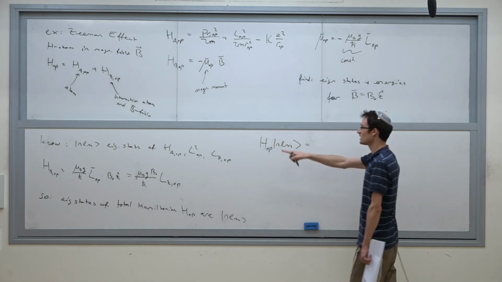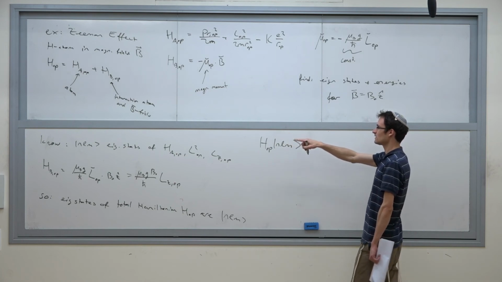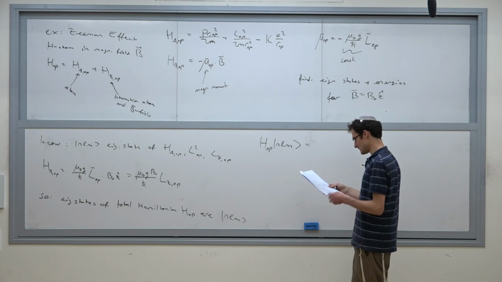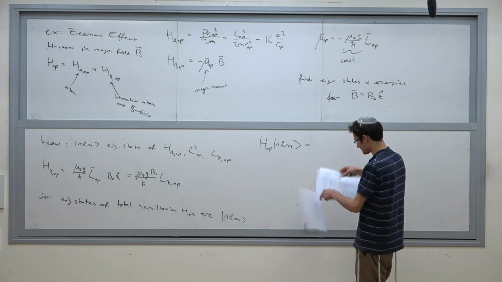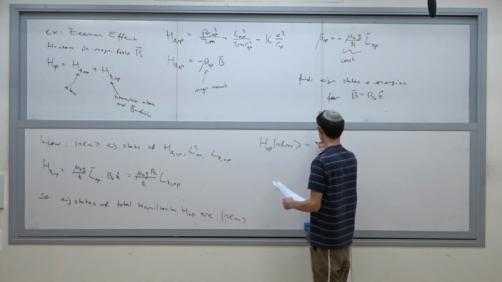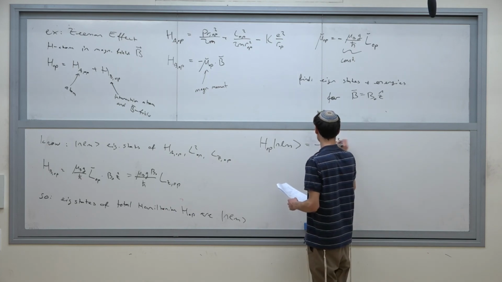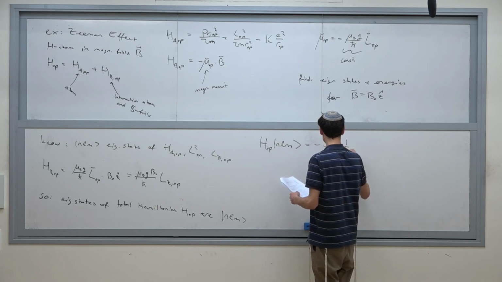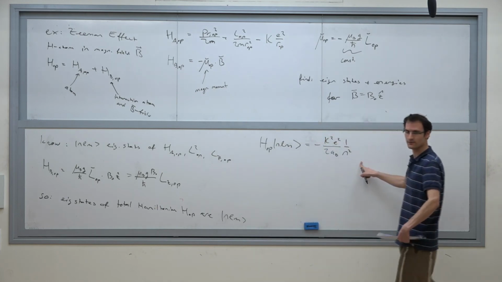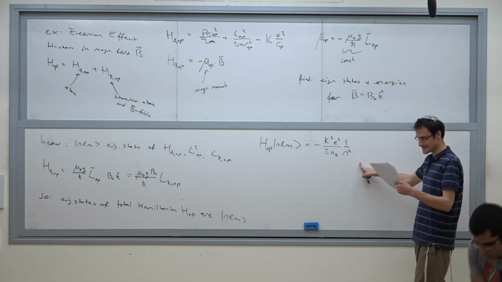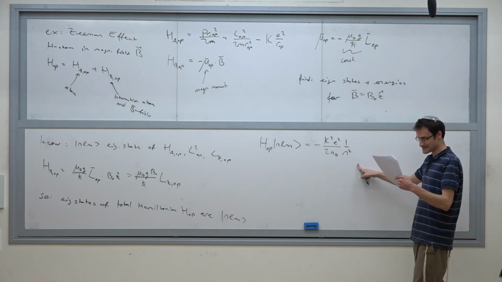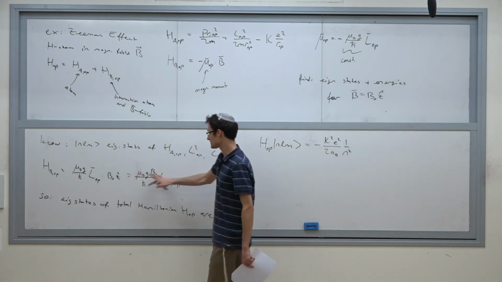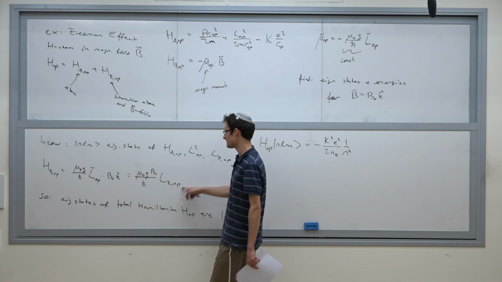So the first part will take out the energy of the atom, right? We had that earlier on the board. It's minus k squared e squared over 2a_B times 1 over n squared. That's just the spectrum of the hydrogen atom. And then the second part is acting with this on NLM. So it's a bunch of constants times whatever this does.